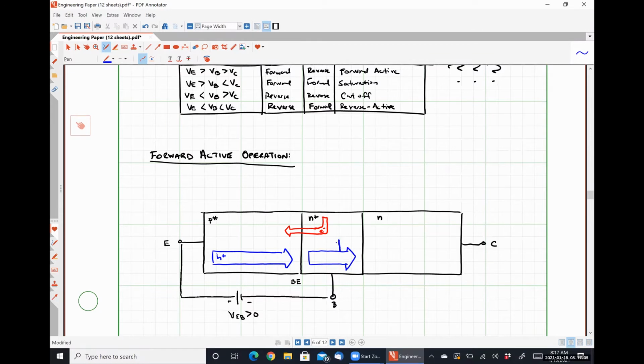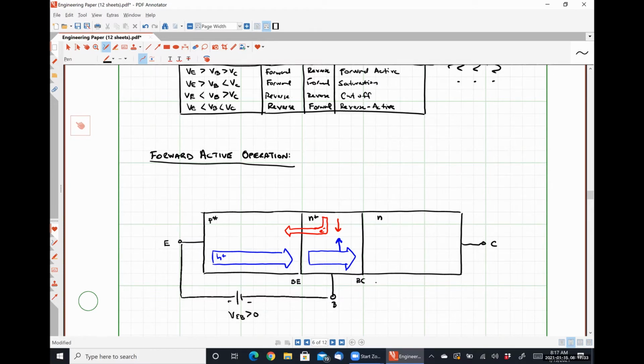A small portion of them will wind up recombining with electrons in the base. And then we need our base-collector junction to be reverse biased in order to create that large electric field, which is going to sweep through those charge carriers.